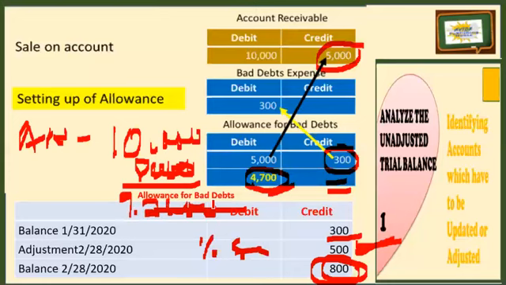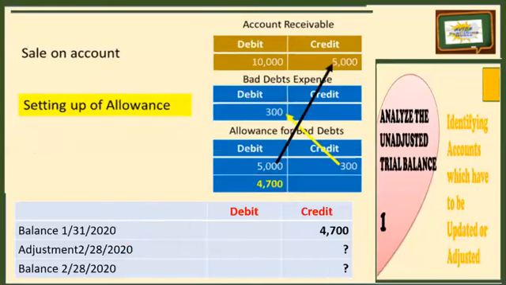So in the presentation of financial statement, what could be collected will only be 9,200. So we've already discussed that, no? When the balance is credit.